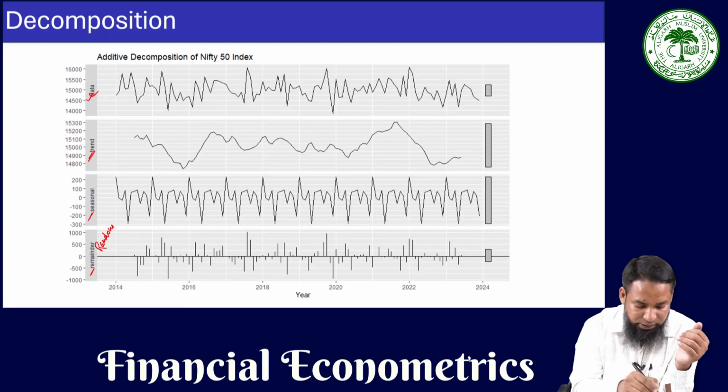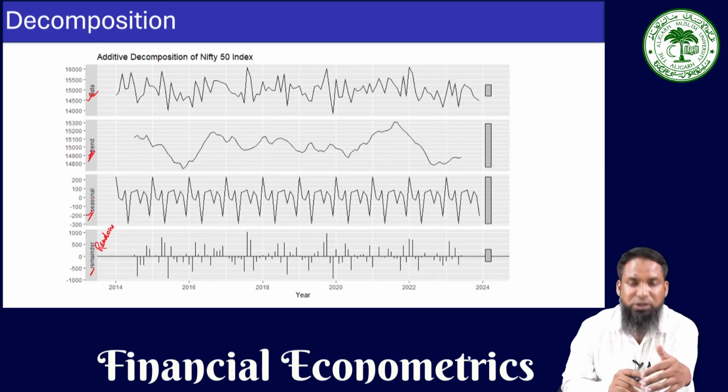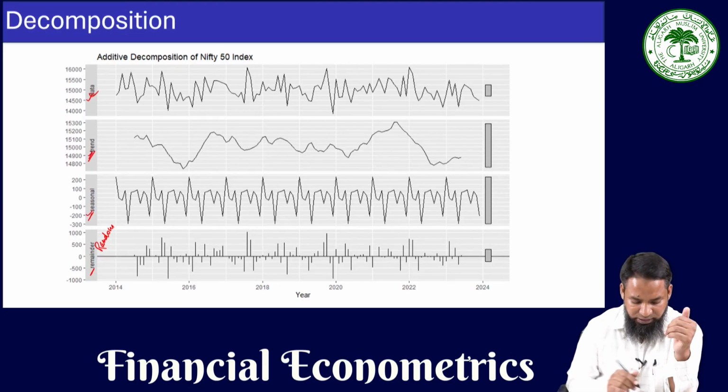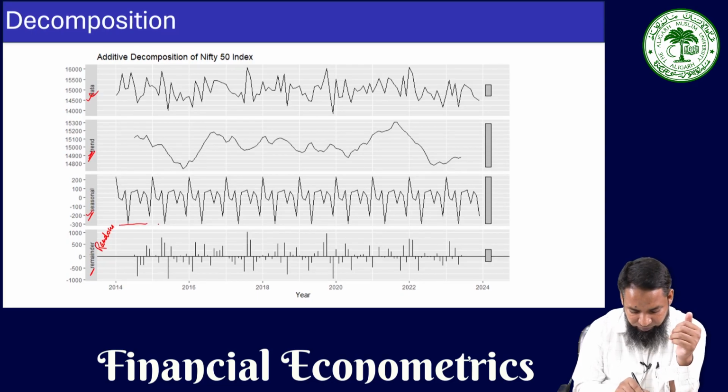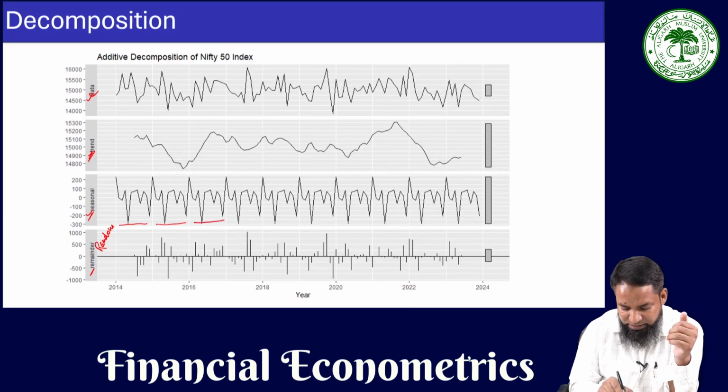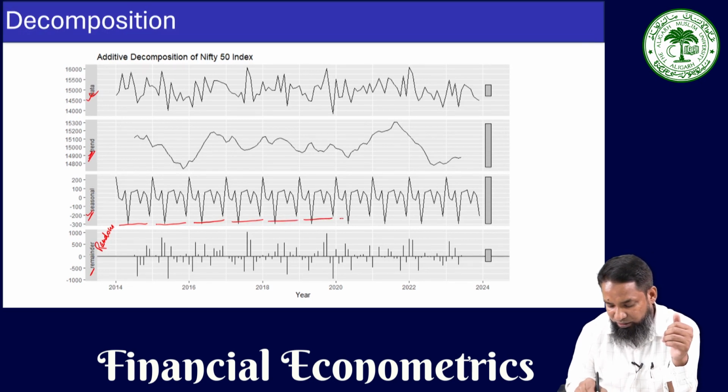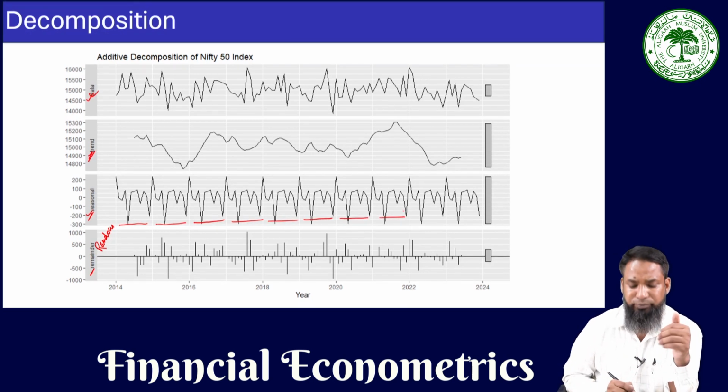So let us see here the trend and this component. This is the Nifty 50. What we can see here is that yes, there is a seasonal effect. That means the seasons do have an effect on the buying and selling.